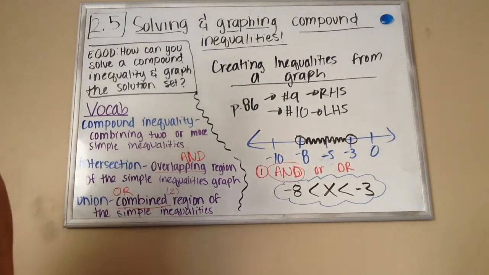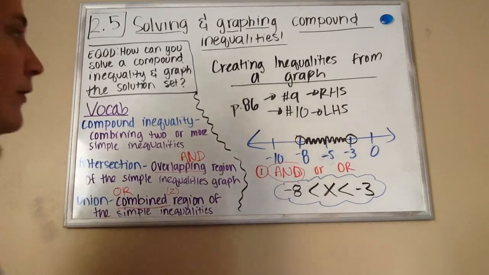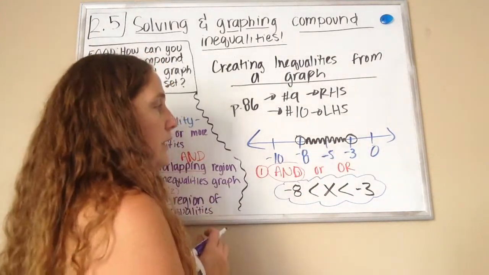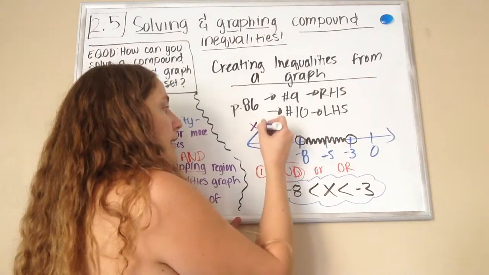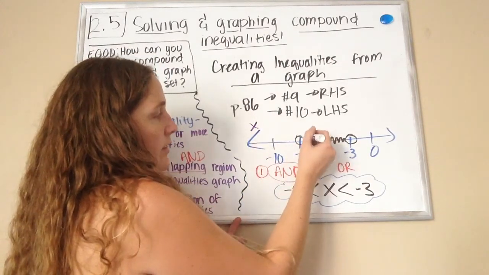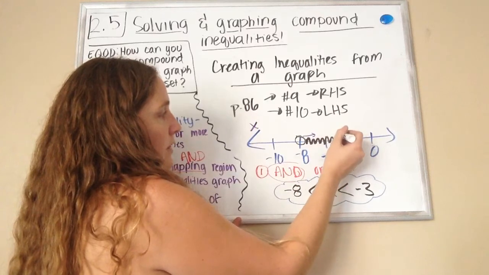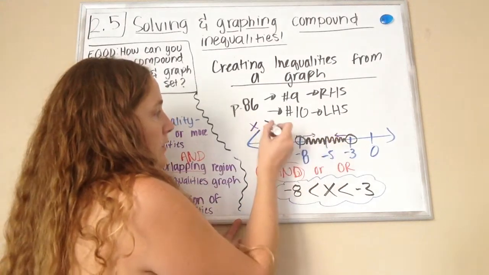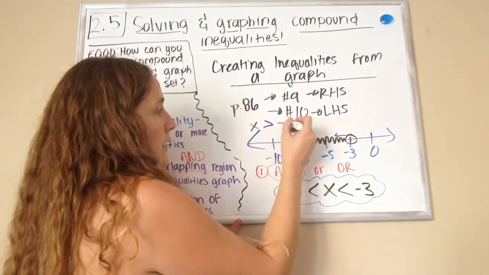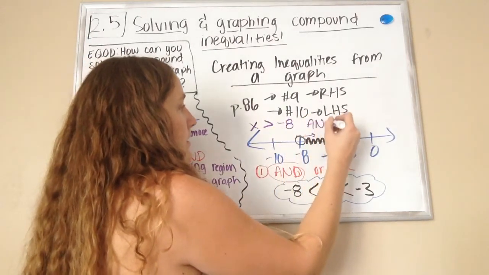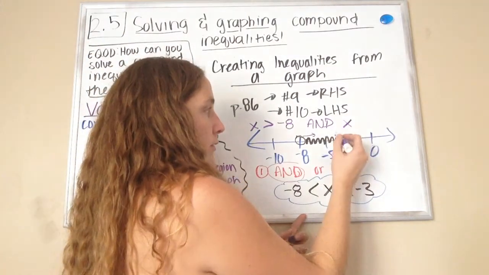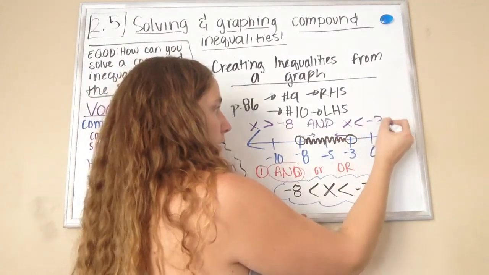Another way you could write it, because I want to be sure I'm showing both methods, is you could take each one individually. That's the way the arrows would be pointing, that's the way the shading is. So x is greater than negative 8, and x is less than negative 3.